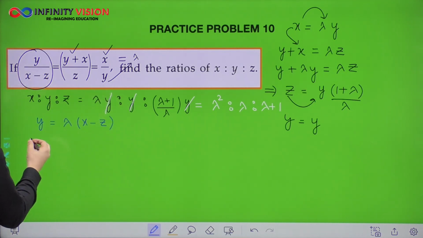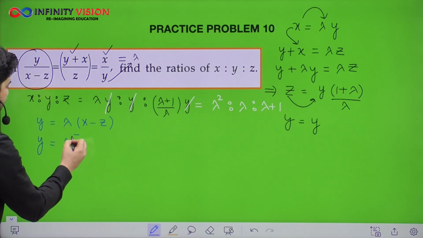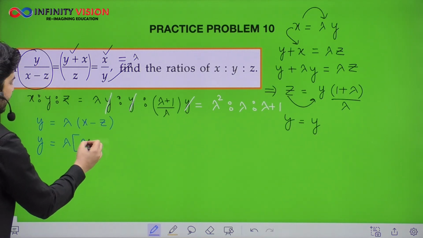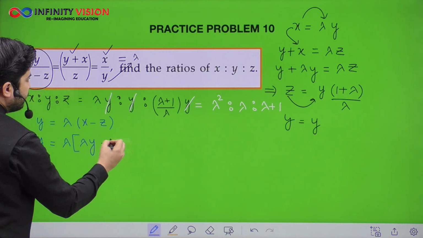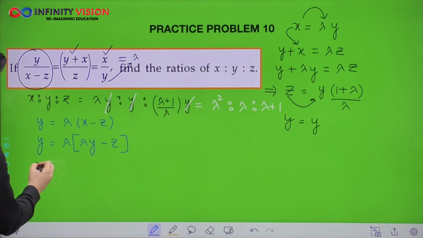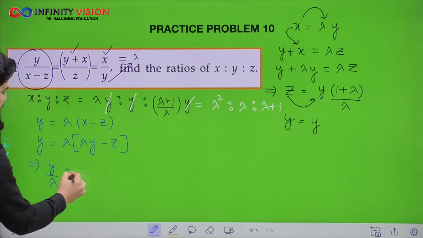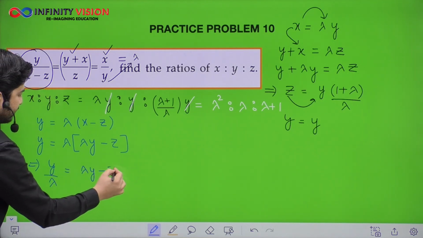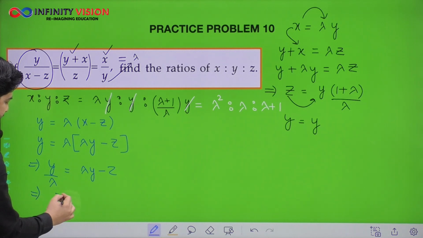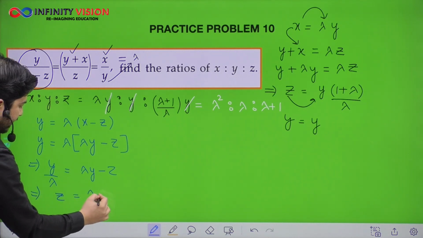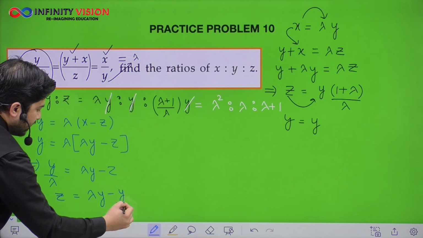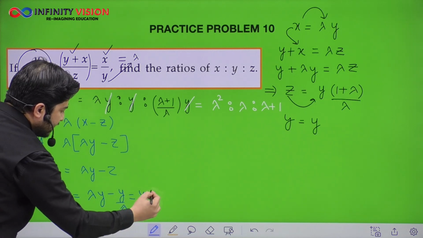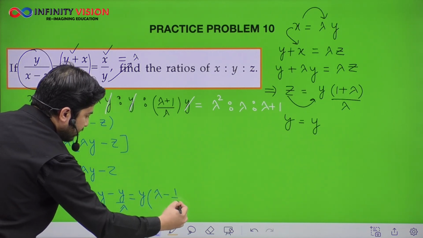Now if I write x as lambda y, then it would be minus z, right? So if I divide both sides by lambda, y by lambda is nothing but lambda y minus z. So z is nothing but lambda y minus y by lambda, which is y into lambda minus 1 by lambda.